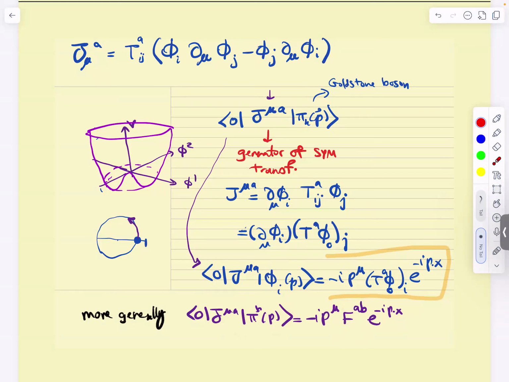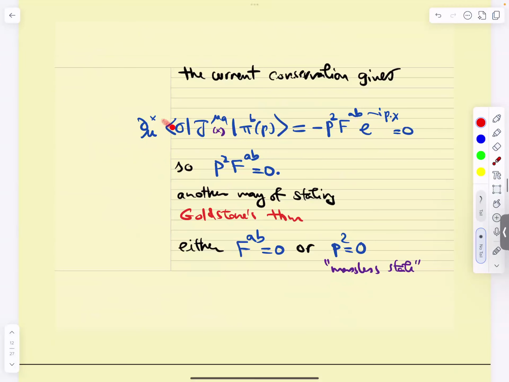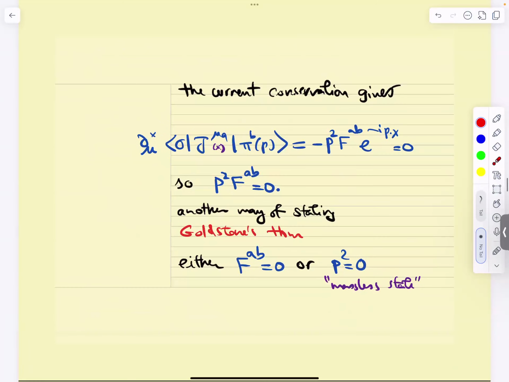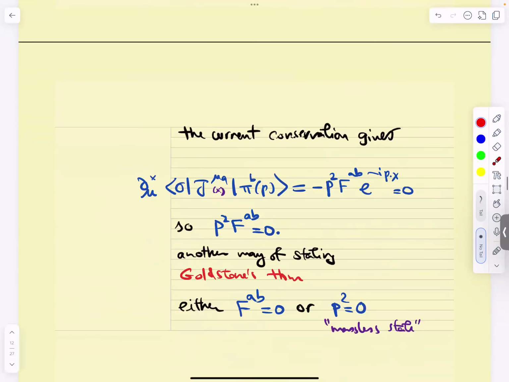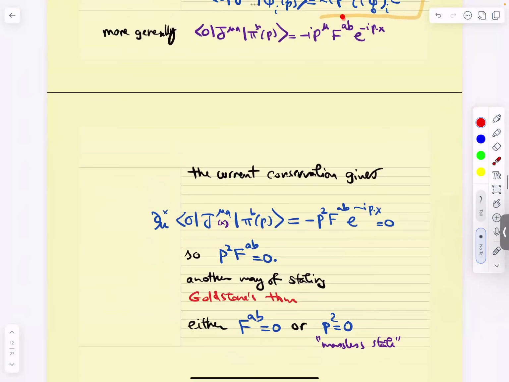Now, what is important is that if I take a derivative of this with respect to del mu, I have to get 0. All right, let's take a derivative of it. What is a derivative? It's just another p mu that contracts with this. So you find that minus p squared F_AB e to the minus i p x has to be 0. P squared F_AB has to be 0.